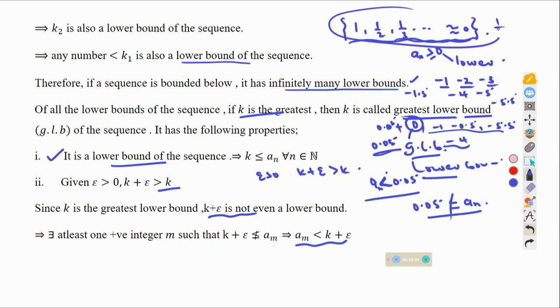So that's why we are saying if k is the greatest lower bound, then for any number that you add, there will exist some epsilon that you will add on this one, such that this condition does not satisfy. And if that happens, then truly k will be the greatest lower bound.